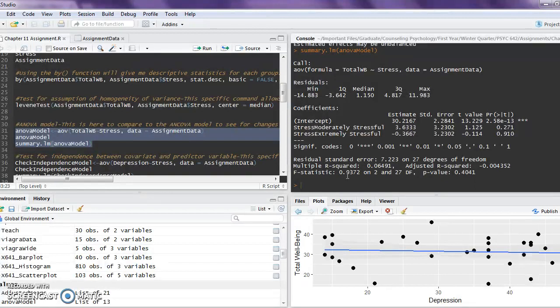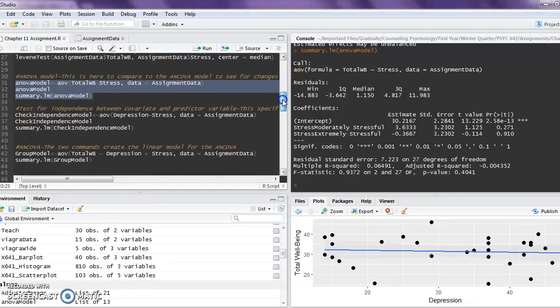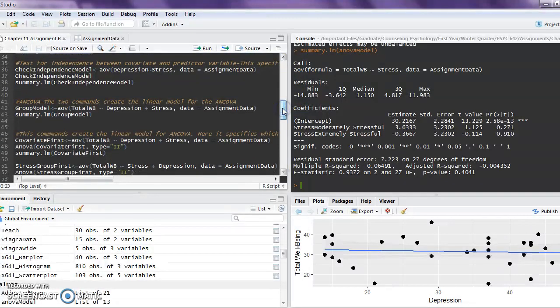That means you have more systematic variance, things that you can explain, than unexplained variance. So basically, the bigger the F value, the better. That's still something to take into account, but let's see what happens when we actually conduct our ANCOVA.